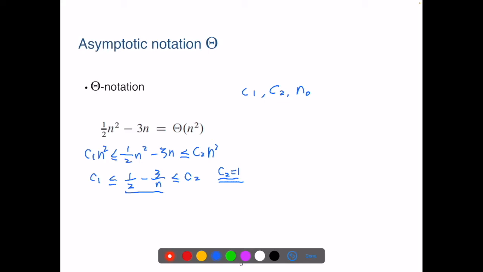What about C1? In fact, we can give any small value of C1 and then we can find that N0. So how to do that? Let's say, for example, we want C1 to be 1 over 5. So what we need to find is, can we find an N0 that will satisfy this relation?